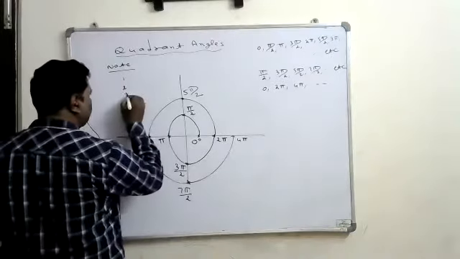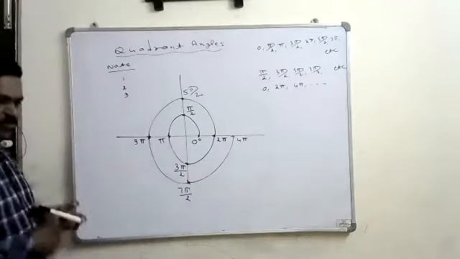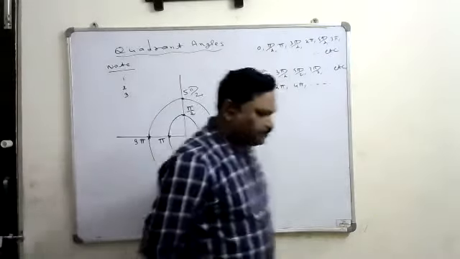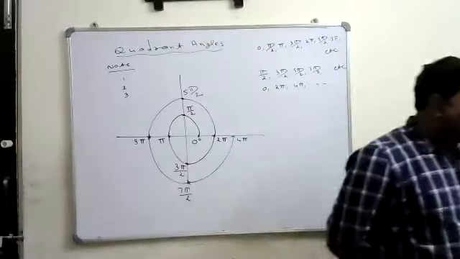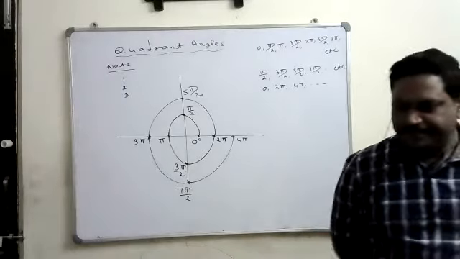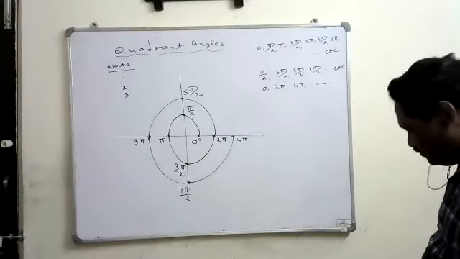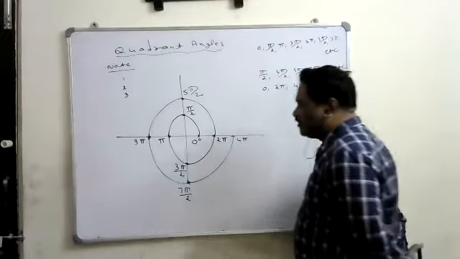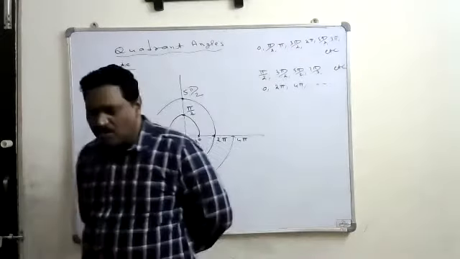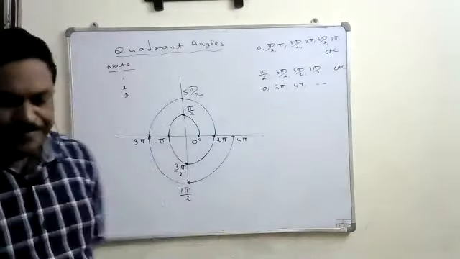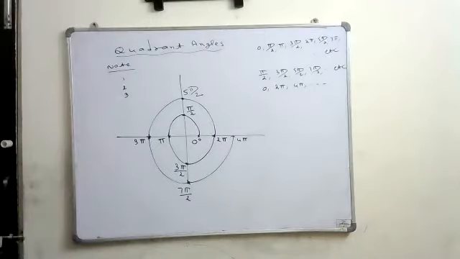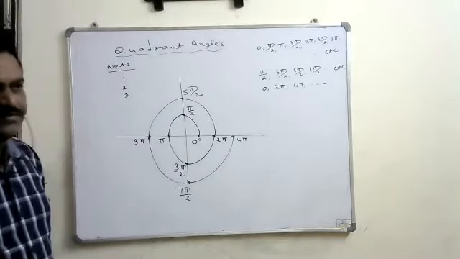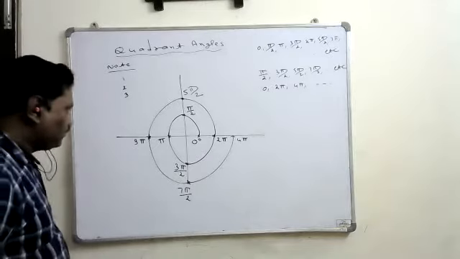Third point. The quadrant angles which are odd multiples of pi lie on the negative x-axis.